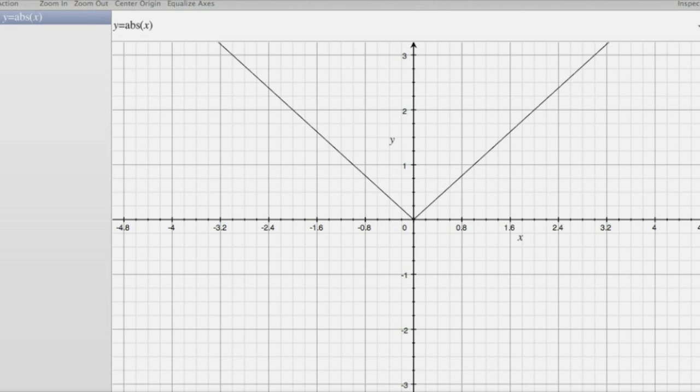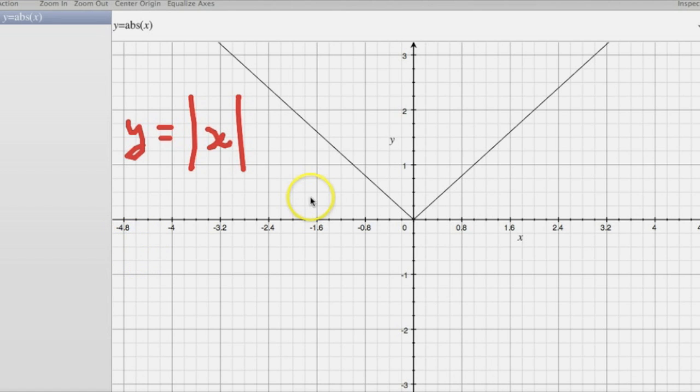So here we've got one of the most common functions with a cusp point, and that is y equals the absolute value of x. Now I'll write that out in standard notation, with these little bars, if you remember, around x.